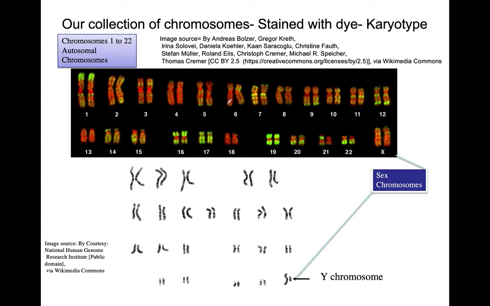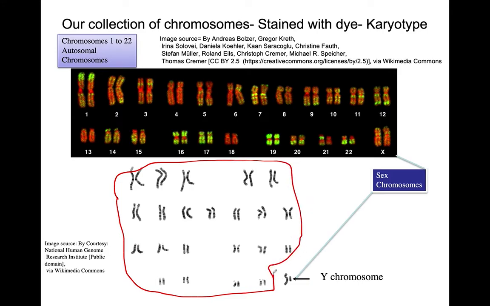So the first 22 pairs of chromosomes are called autosomes. If we were going to draw a line, these are all autosomal chromosomes. We also have our sex chromosomes.